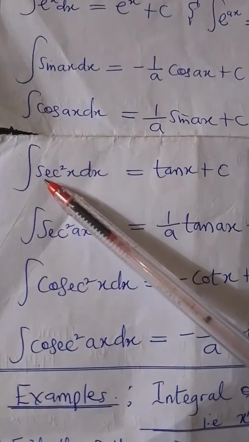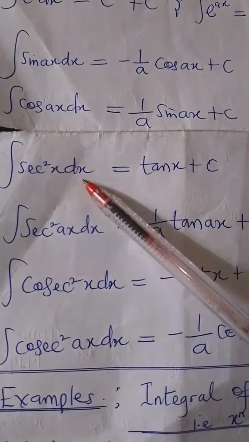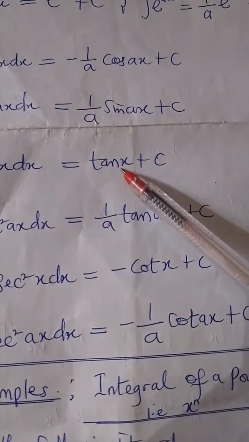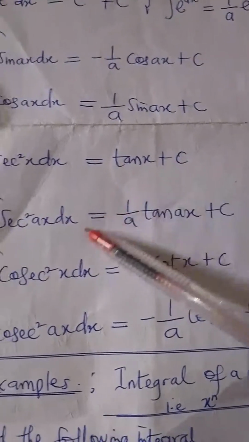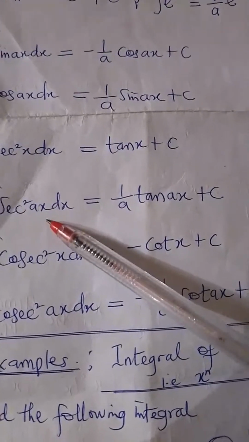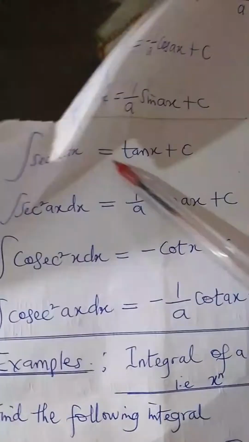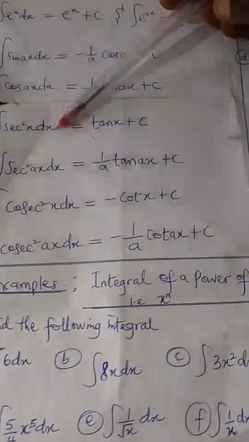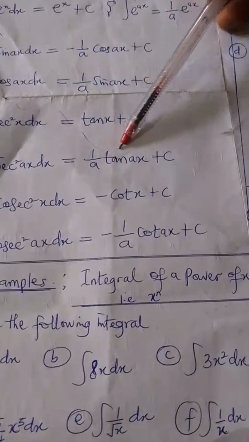Also, let's see sec square x dx. That will give us tan x plus c. So let's see cosec square x dx. So we are going to have 1 all over tan x.